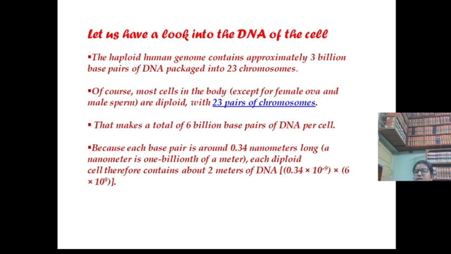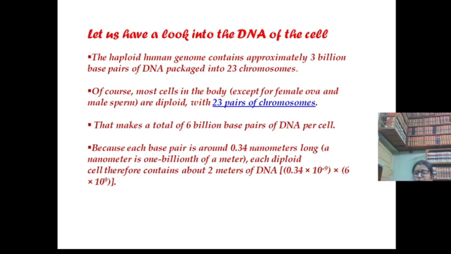Of course, most cells in the body, except for the female ova and the male sperm, are diploid. So with 23 pairs, it comes to 6 billion base pairs of DNA per cell.